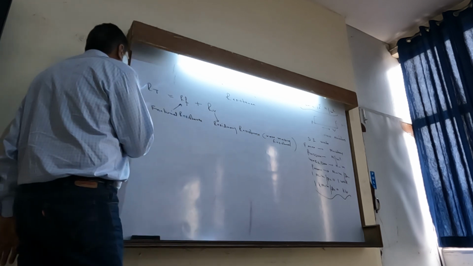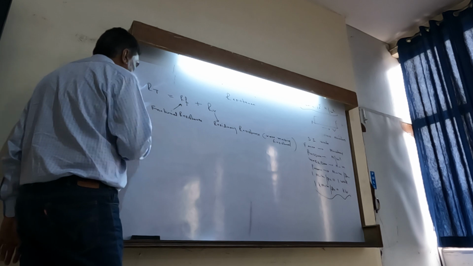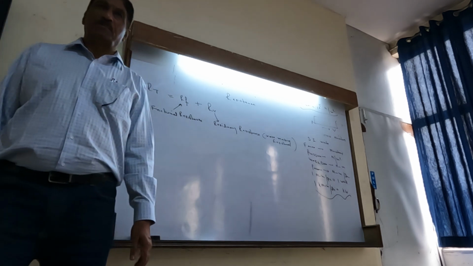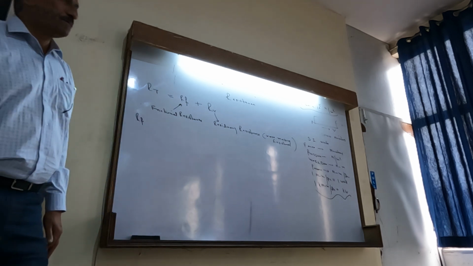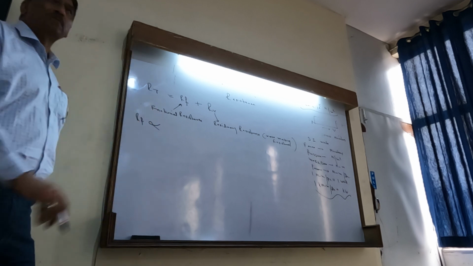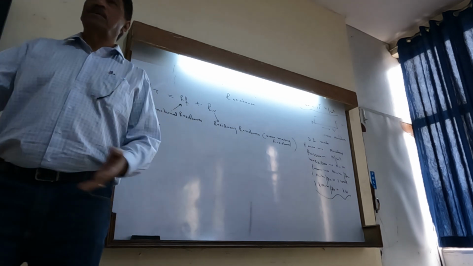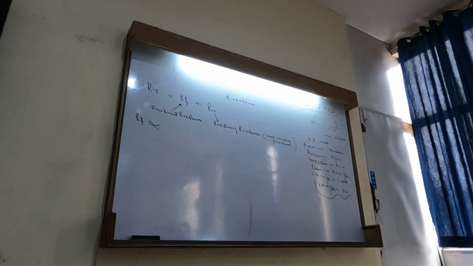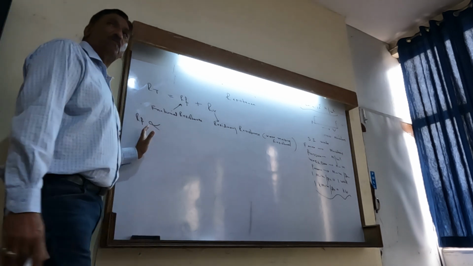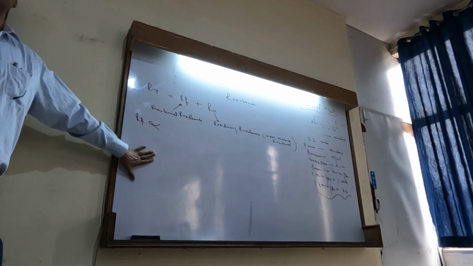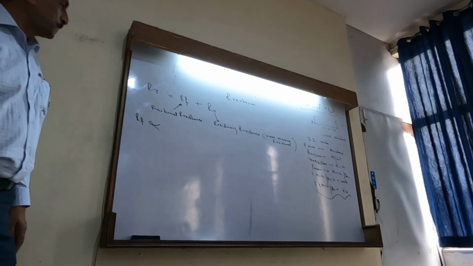Now, frictional resistance RF depends on certain factors. So that is why I can say RF is proportional to, when something depends on some particular factor, we can say if that factor is more, frictional resistance will be more. So we use that symbol proportional to, or rather it depends on these factors.